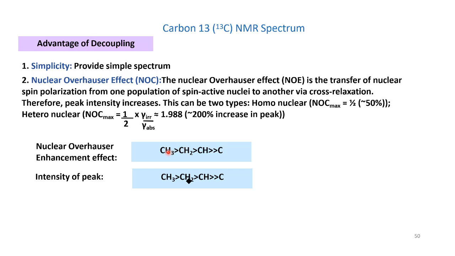As we decrease the number of protons, the Overhauser effect will decrease, and the peak intensity will also be lesser. In case of more number of protons, the effect will be higher. As we decrease the number of hydrogen atoms, the effect and the intensity will decrease.